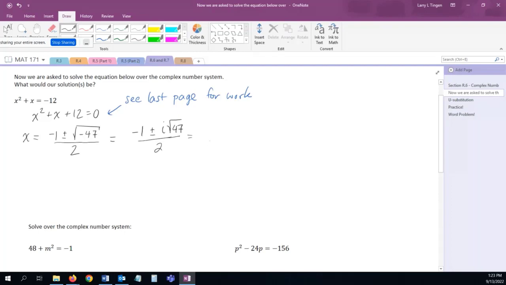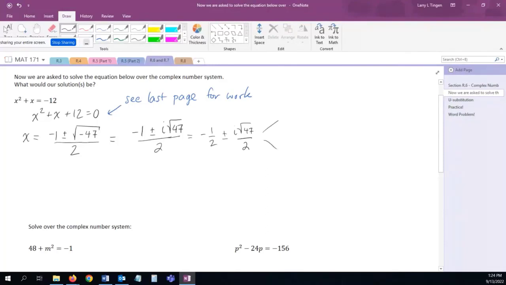If that's the case, I can rewrite this as just 1/2 plus or minus i times the square root of 47 over 2. Okay, this is, again, a formatting thing. Whenever you have a complex number, you write the real part and then the imaginary part. And that's what I've got.